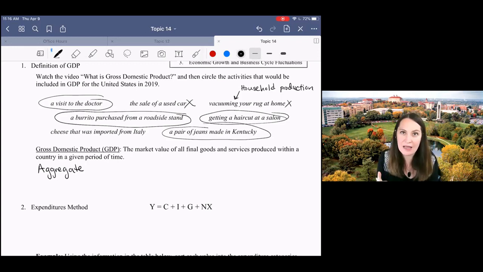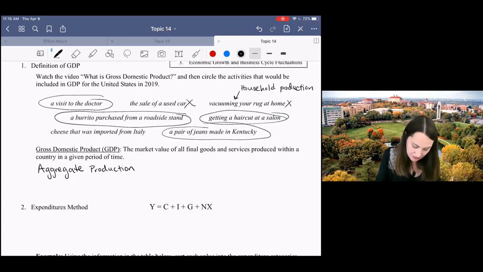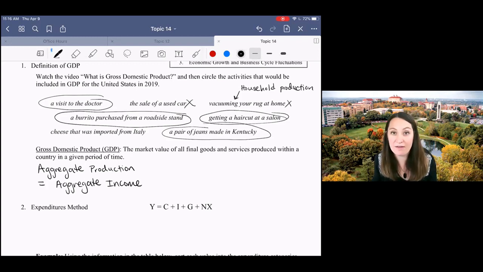And at the end of the day, what we're trying to understand when we are measuring what's going on in the economy is what is the reality in terms of standard of living or quality of life for people in a country, in a state, in a city. That's what we're trying to get at here. And so because aggregate production is equal to aggregate income, this measure gives us some sense of the quality of life of people living in a certain area.